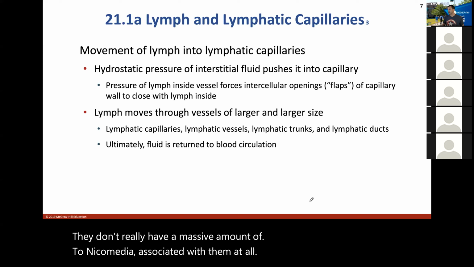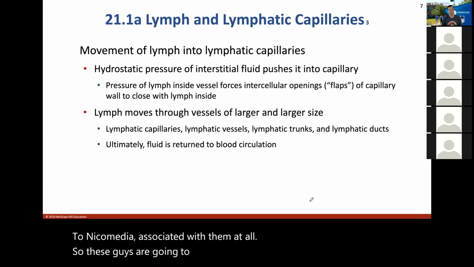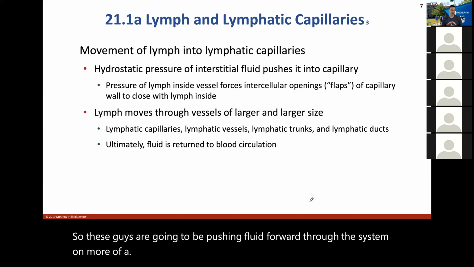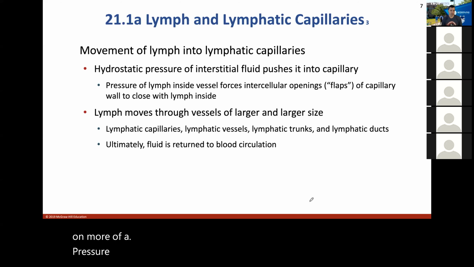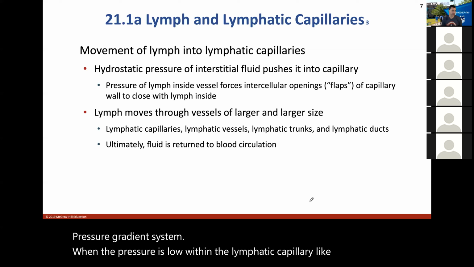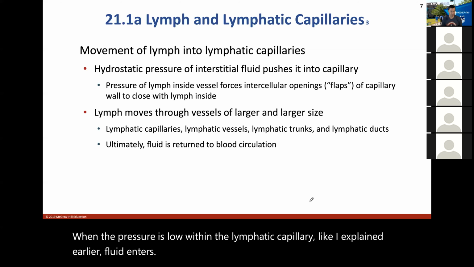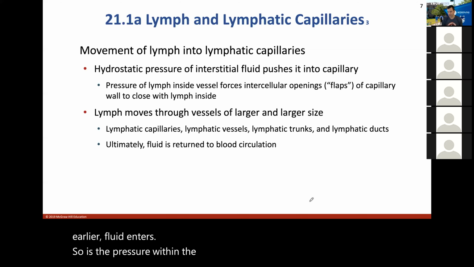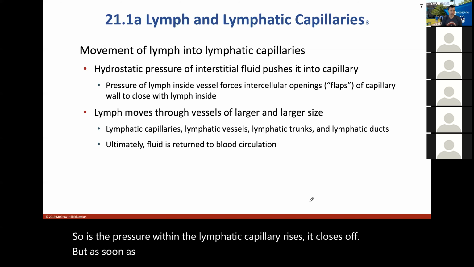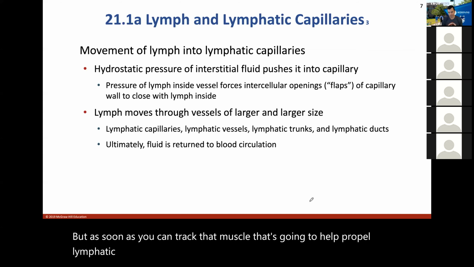So these guys are going to be pushing fluid forward through the system on more of a pressure gradient system. When the pressure is low within the lymphatic capillary, like I explained earlier, fluid enters. As soon as the pressure rises, it closes off. But as soon as you contract that muscle, that's going to help propel lymphatic fluid forward through the system.